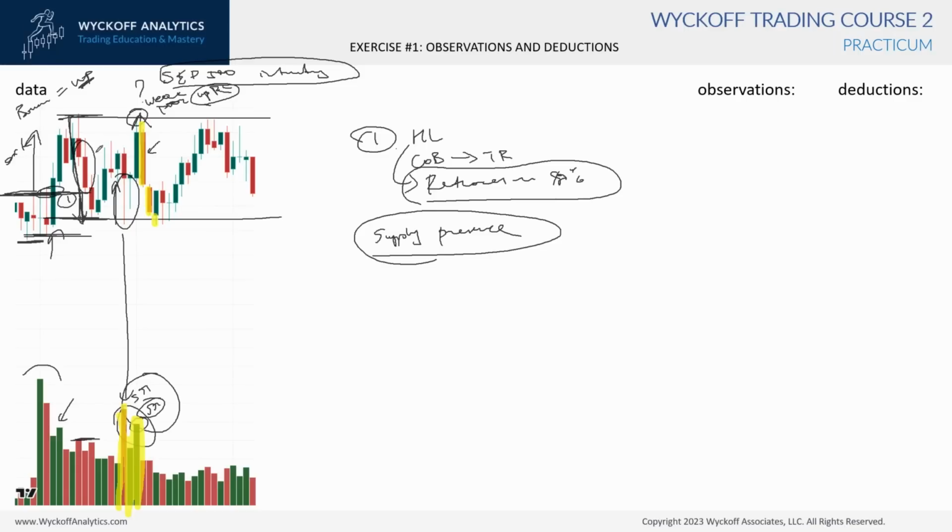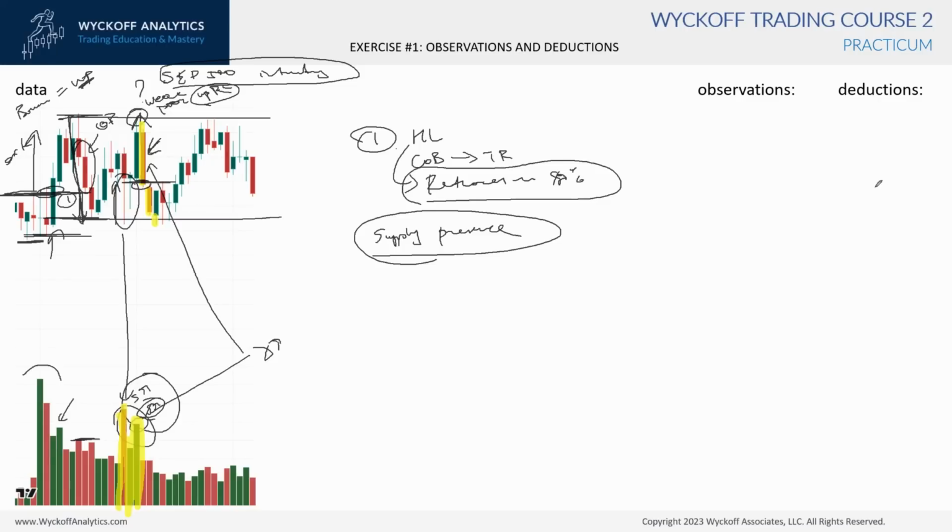I usually would say this is a change of behavior bar for us right here, but I definitely see the logic of calling this a change of behavior bar because it's just the largest bar to the downside in this whole structure. It's interesting how all of the demand that comes in on the last bar is being negated, and we are actually slightly committing below the low of that last upward bar.